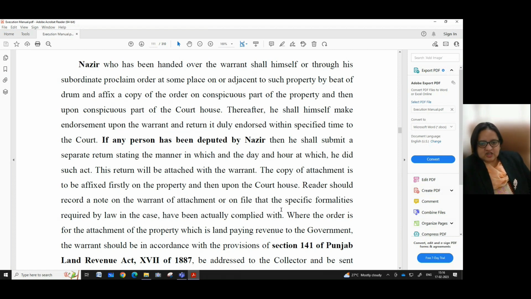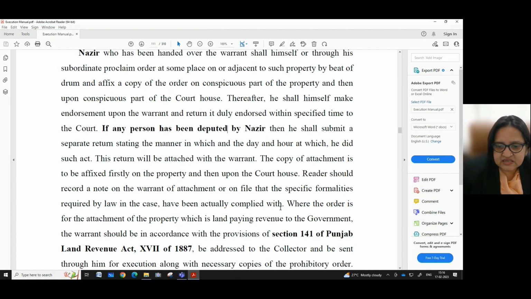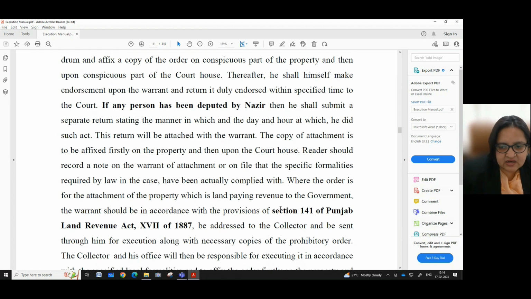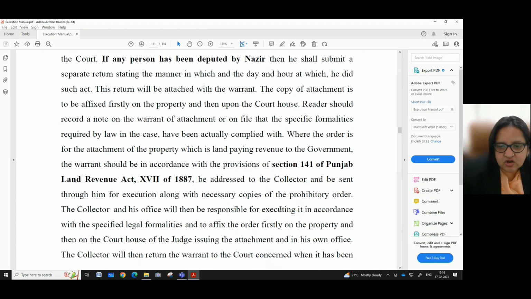Where the order is for the attachment of property which is land paying revenue to the government, the warrant should be in accordance with the provisions of Section 141 of the Punjab Land Revenue Act 17 of 1887, be addressed to the Collector and be sent through him for execution along with necessary copies of the prohibitory order.